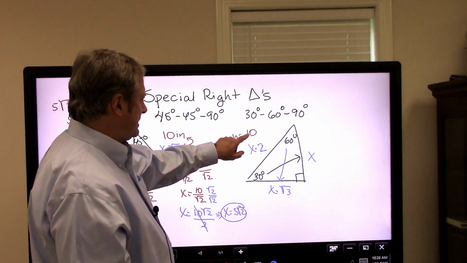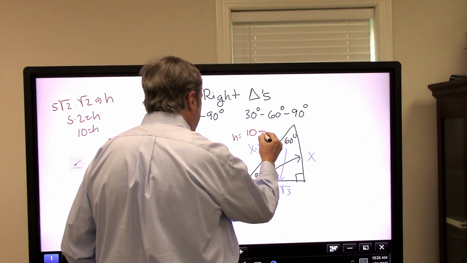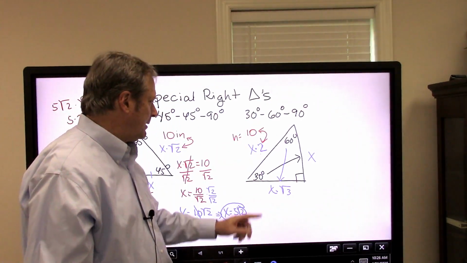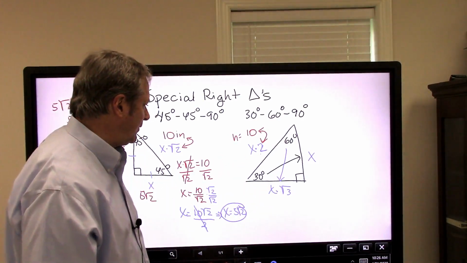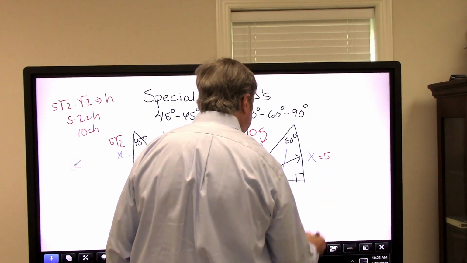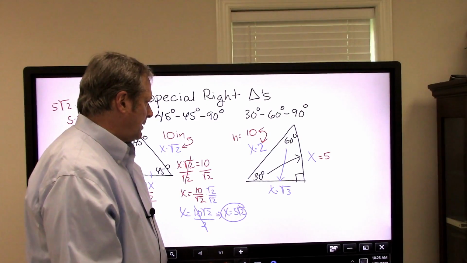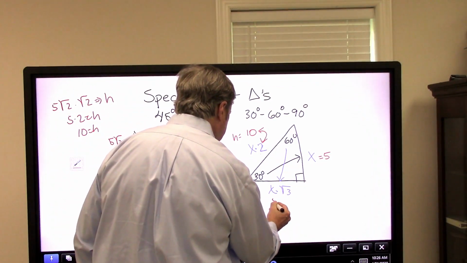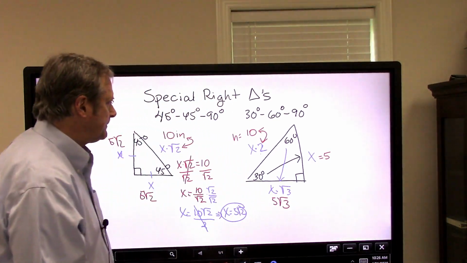Well, we know that that 10 came about because you multiplied some number times 2 and you got 10. Well, what number did you multiply by 2 to get 10? Well, in this case, it's easy to figure out. That was 5. Well, then the side across from the 60 is going to be what? Well, it's going to be 5 times the square root of 3. Like so.